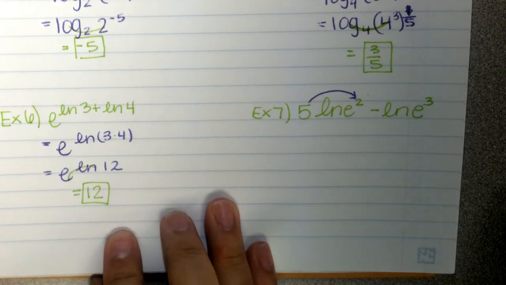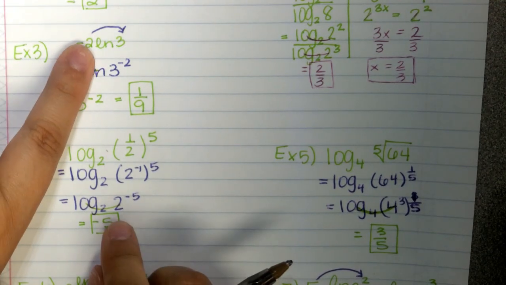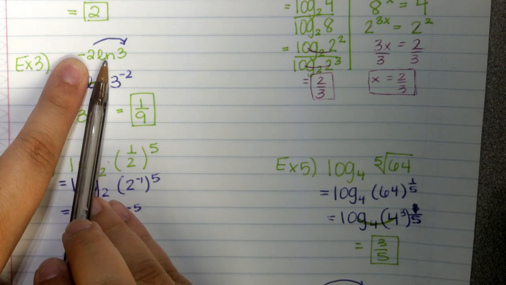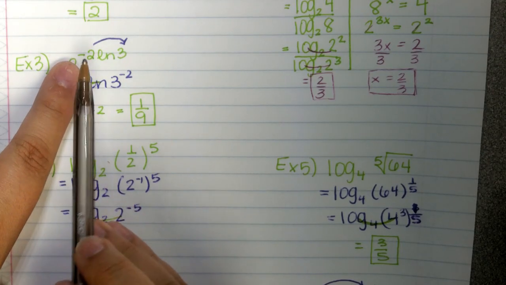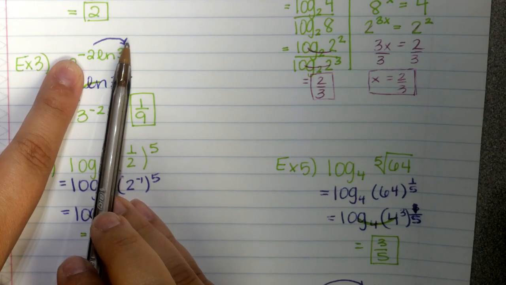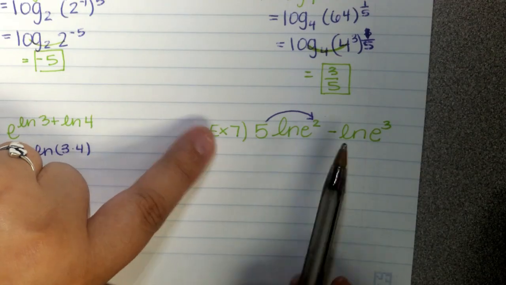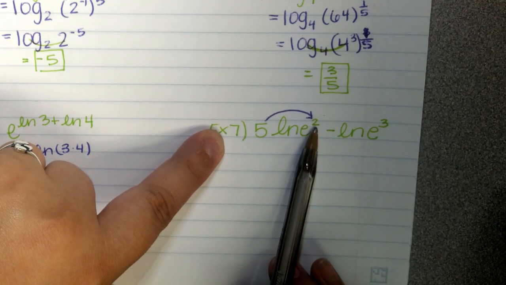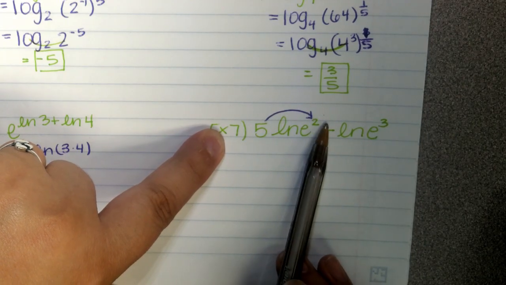I need everybody to look. Up here, when I did this, do you agree I had the natural log and then next to that was the 3? So what's out front, I have to raise up and make it an exponent. Here, I have a natural log of E that has an exponent already, so I'm multiplying it with the exponent.